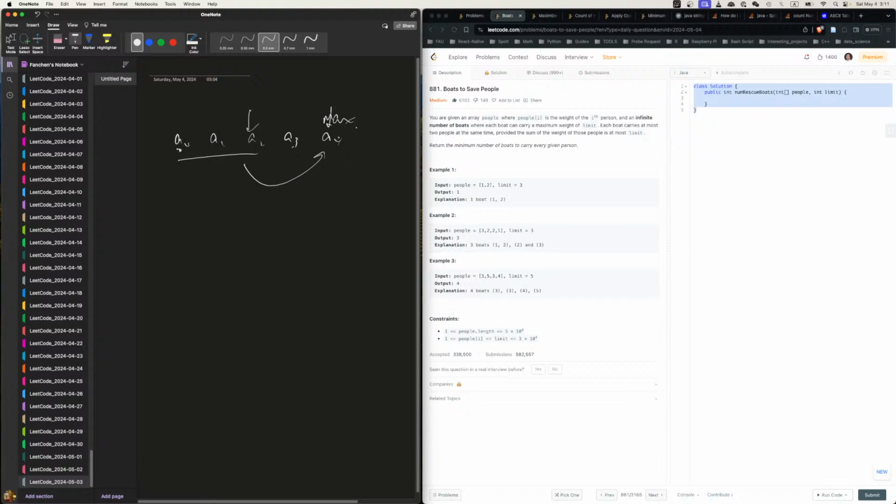And once we pair, we move this one forward, move this one forward, and then we see if they can pair. And yeah, we paired it, move this forward, then we point into this, then we just keep moving until we find the one that can be paired, then we move forward.